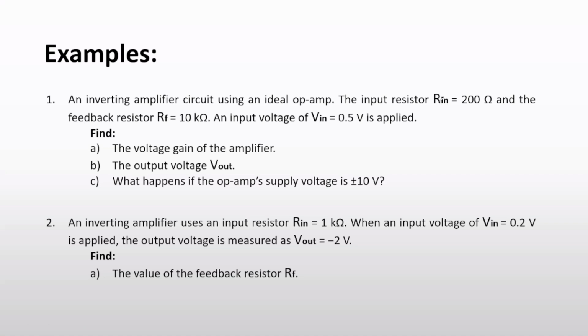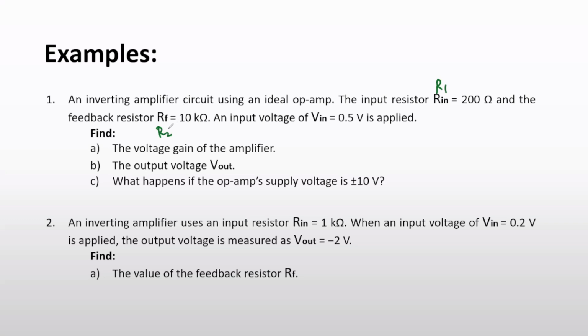Normally we consider Rin as R1 and the feedback resistor as R2. In the problem, you can get this as R1 and R2, or RF and Rin.